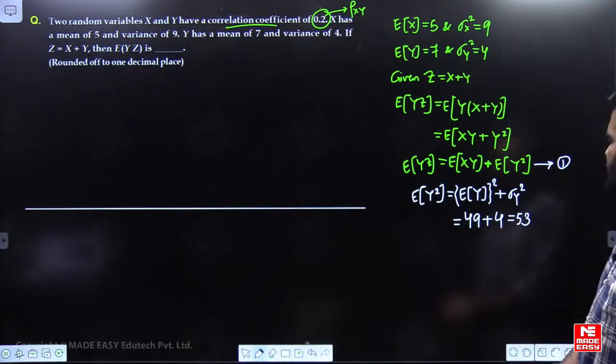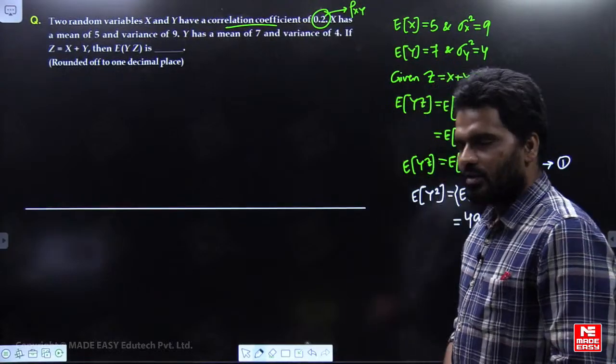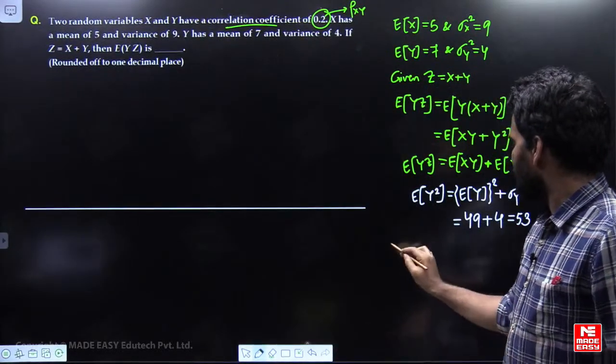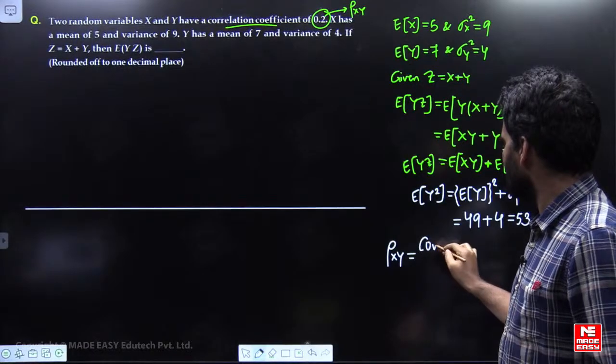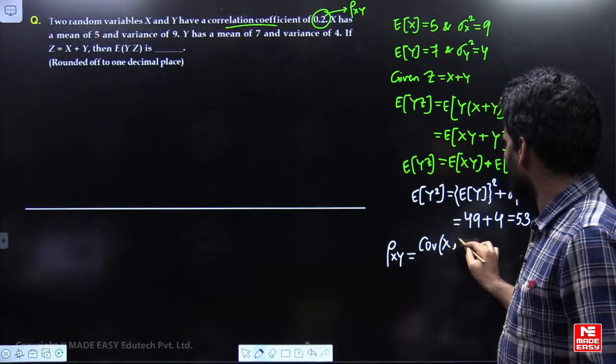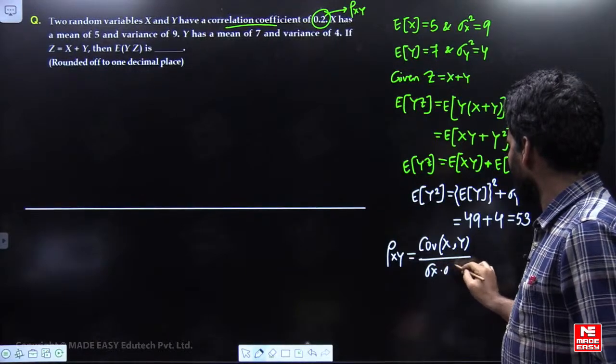Expectation of xy, how to get this? The correlation coefficient is given, from that we can try. The correlation coefficient of xy is the covariance of xy upon sigma x into sigma y.